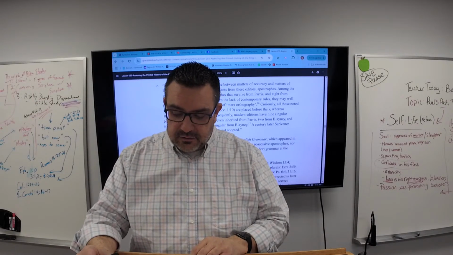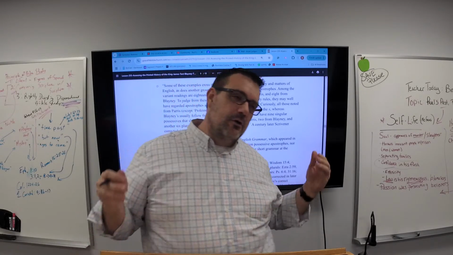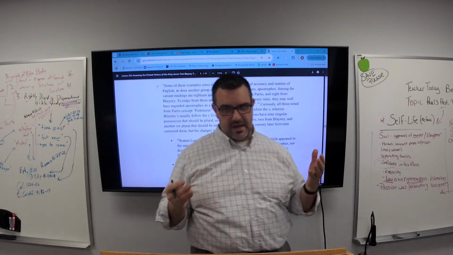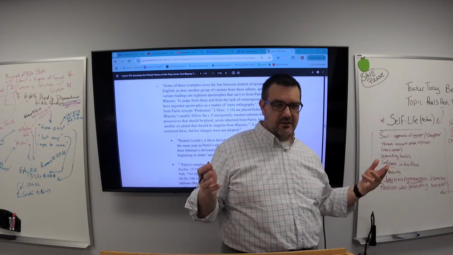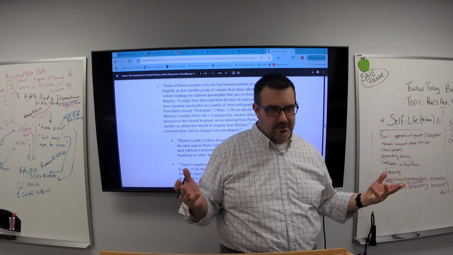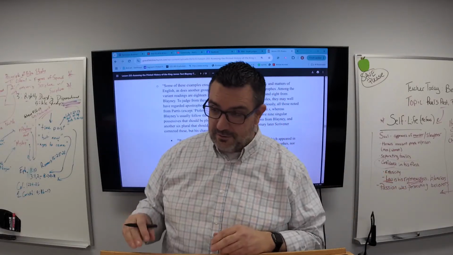A century later, Scribner corrected these, but his changes were not adopted." So, in other words, what Norton is saying is that you are going to find editions, even today, that are inconsistently apostrophized? I don't know if that's a word, but it is now. Okay? You guys understand what I'm saying?